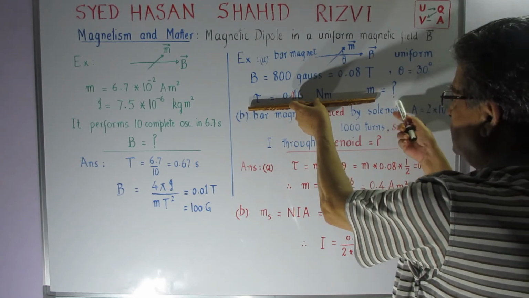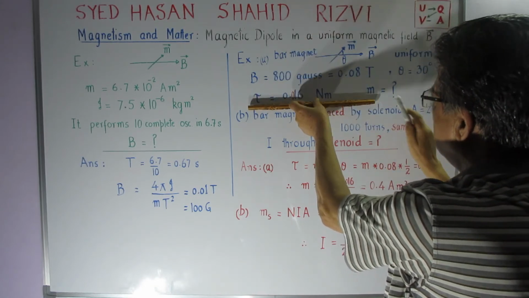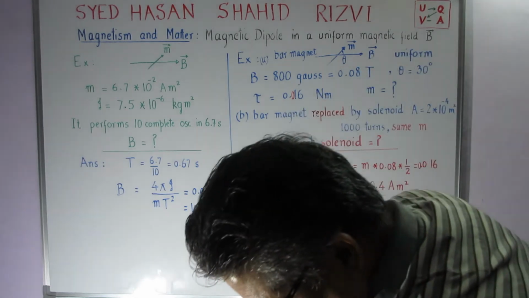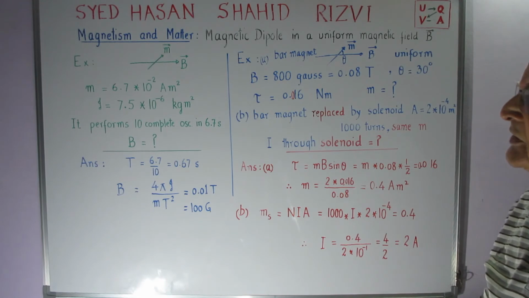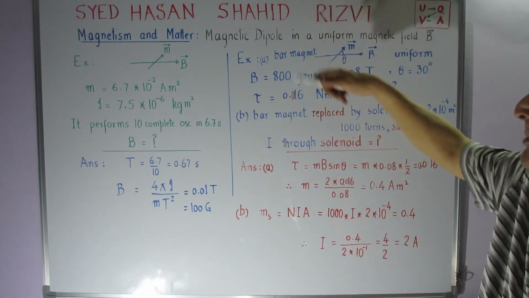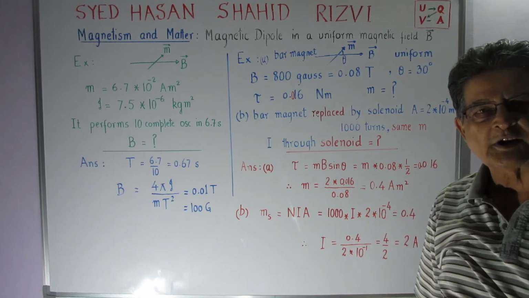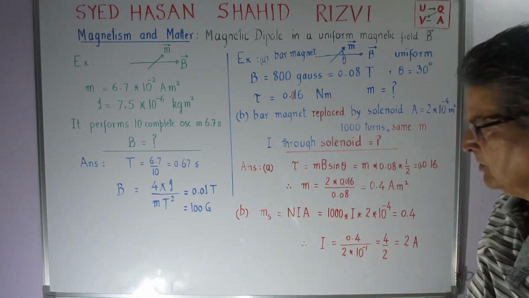So from minus mB to mB, that is mB minus (minus mB), which turns out to be equal to 2mB. This kind of question can always be asked, and you should practice many more questions in the exercises that are given in your textbooks and other books. That will help you understand this more.